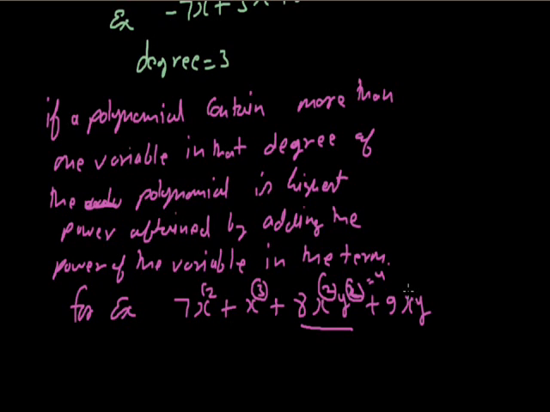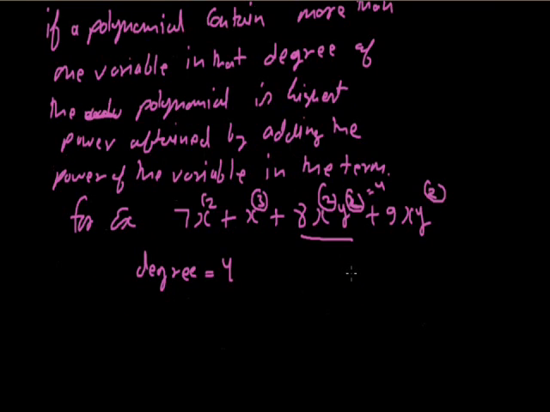When we add these two powers, 1 plus 1, we get 2. So among these powers, 2, 3, 4, and 2, the highest power is 4. So we can say that the degree is 4, because we have to add the powers of the variables, x is 2, y is 2, 2 plus 2, that is 4.